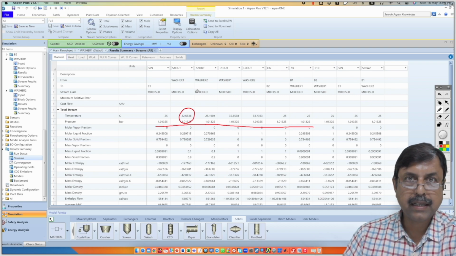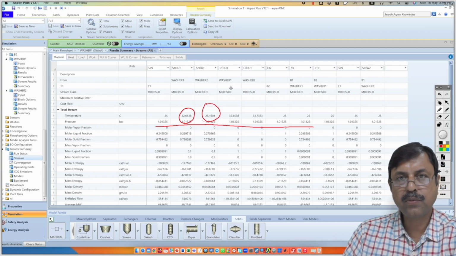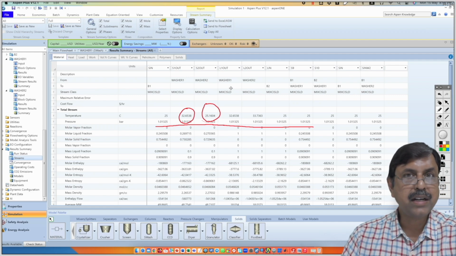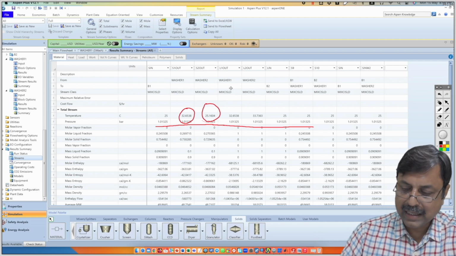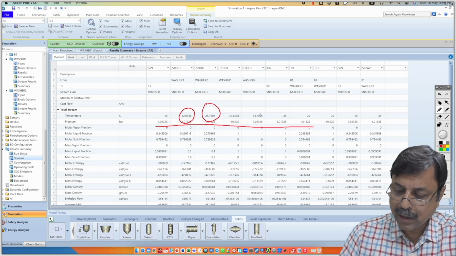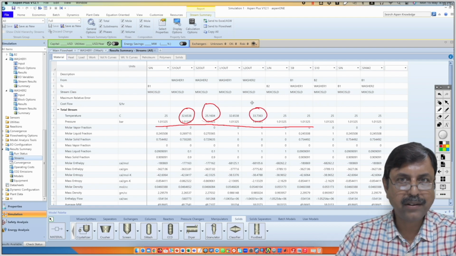On the other hand, S2 out, you find it 25.1604. The solid outlet stream in washer 2 is not that heated. On the other hand, if you see L2 out, this is 33.7363. Now, why is it so?